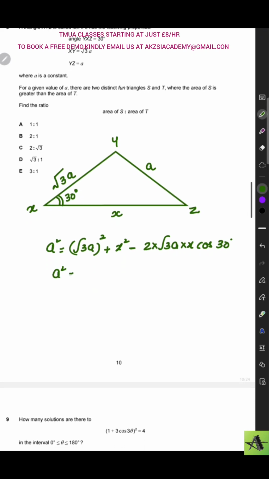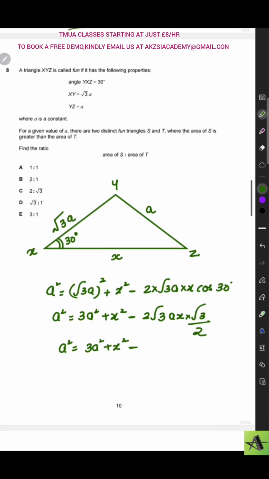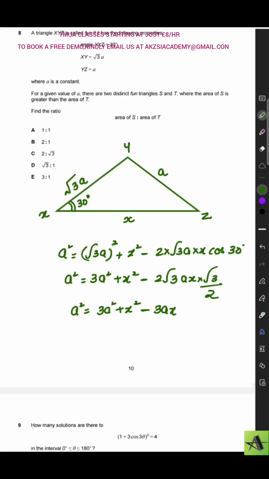This is A squared equals 3A squared plus X squared minus 2 root 3 A X. Cos 30 is root 3 by 2. So A squared equals 3A squared plus X squared minus, 2 will cancel out, 3AX.